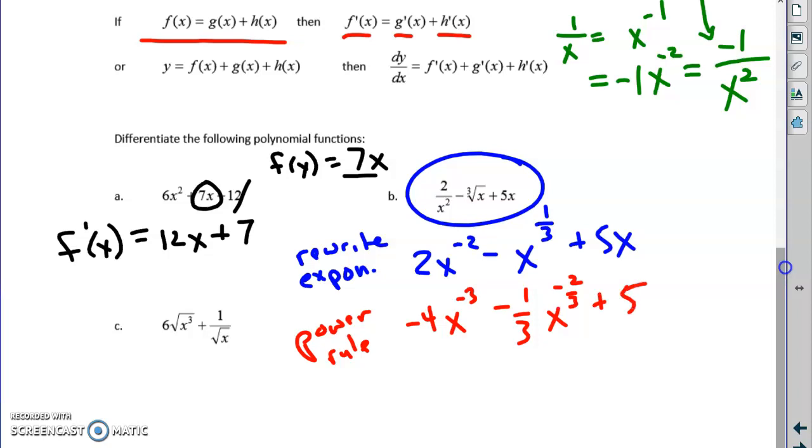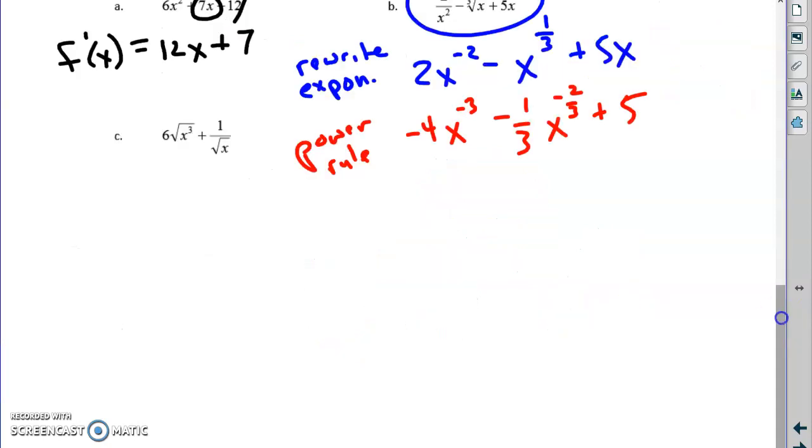That's an easy part. But now I've got to rewrite, because we may not have the option of negative exponents or fractional exponents. So what's another name for negative 4x to the negative third? Only the x is raised to the negative power, so the negative 4 stays up, and x cubed moves down.